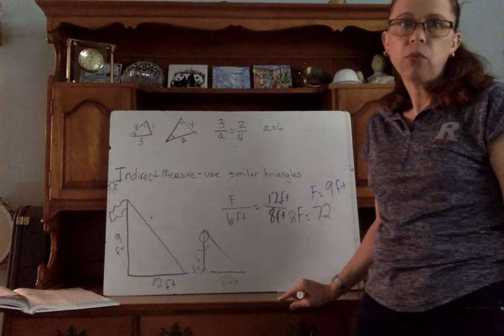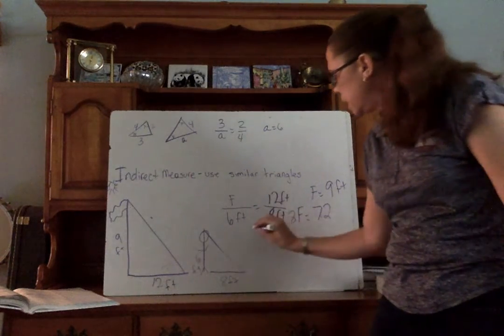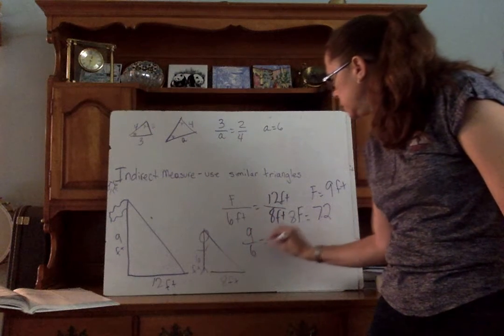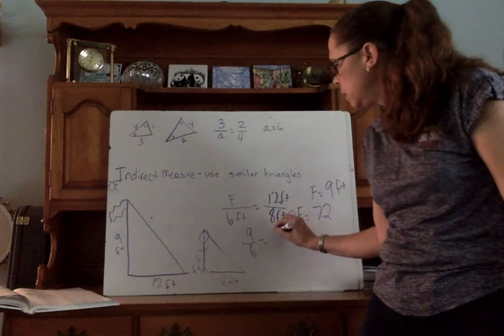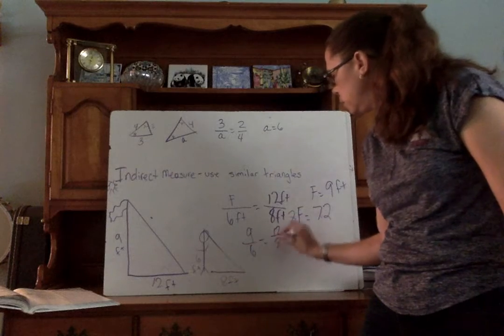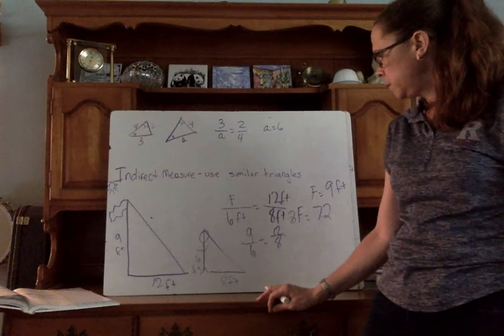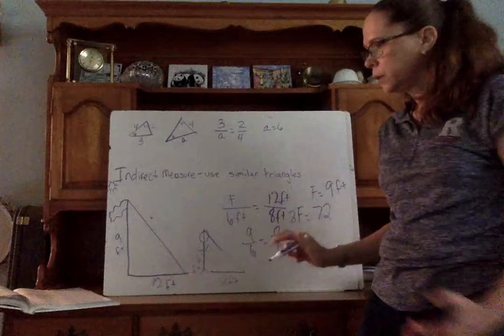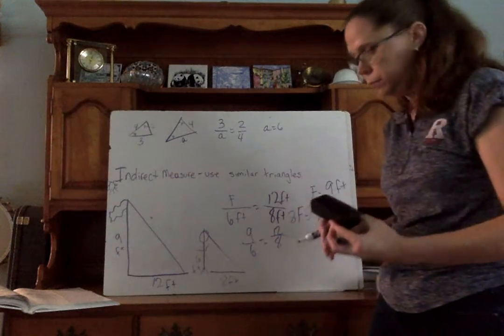Okay, so we have formed a proportion. 9/6 is equal to 12/8. Okay? Okay, so that's indirect measure.